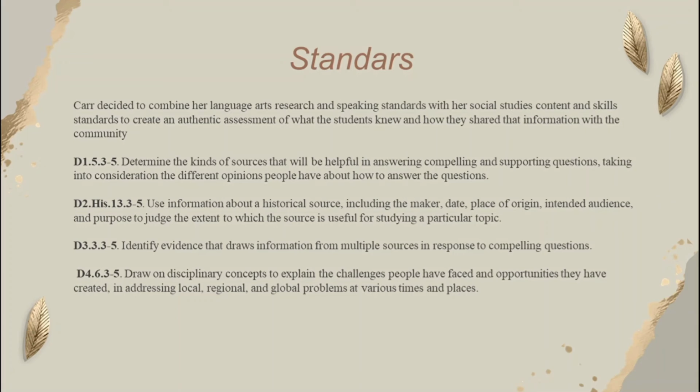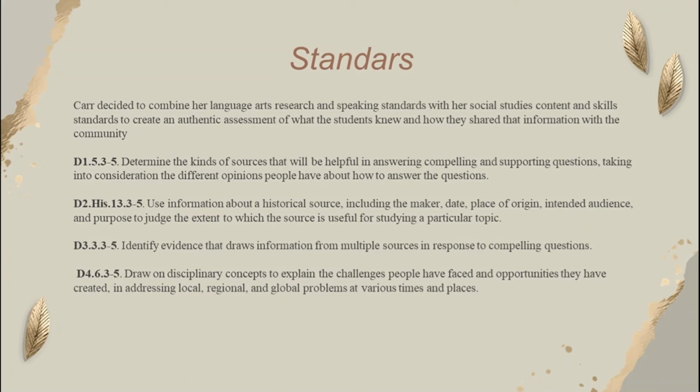Next slide is standards. Mrs. Carr decided to combine her language, art, research, and speaking standards with her social studies content and skill standards to create an authentic assessment of what the students knew and how they shared that information with the community.